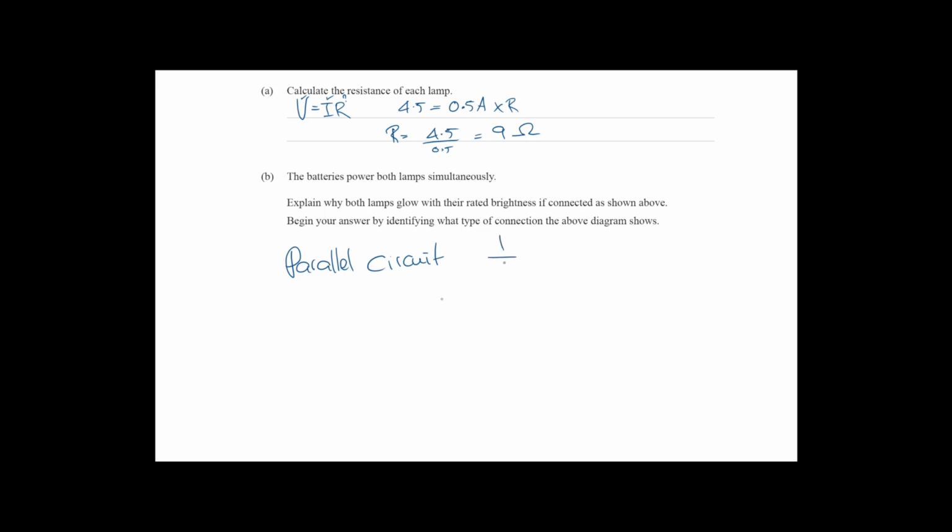So the total resistance is going to be equal to 1 over the resistance of one, plus 1 over the resistance of the other one. So each lamp is essentially its own circuit, so it gets all the voltage.